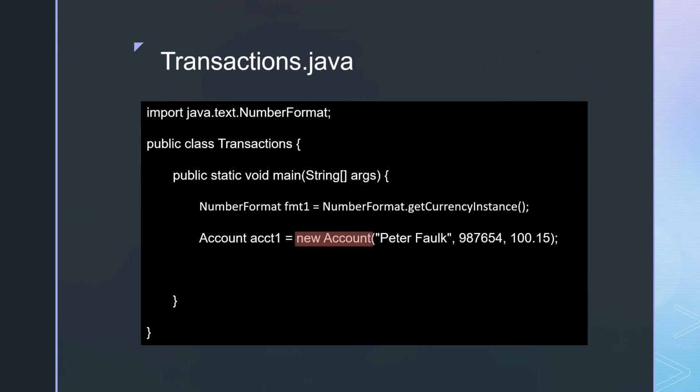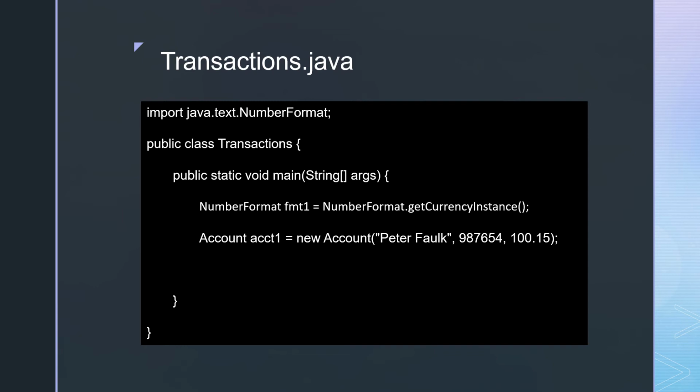Then we set it to new account and fill in the parameters. Remember that the account parameters we created were name first, comma, account number, comma, and starting balance.